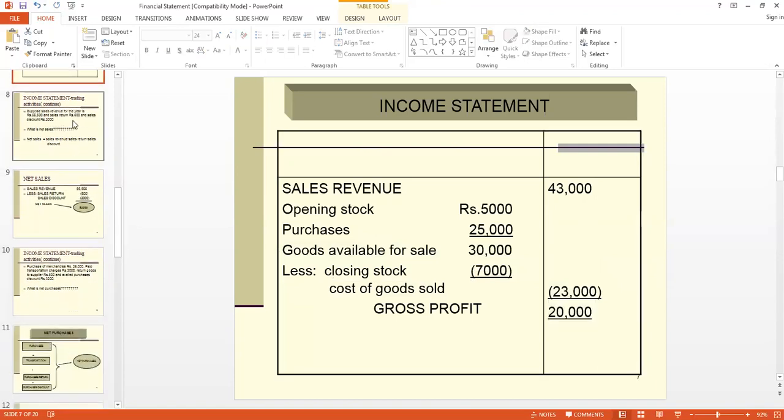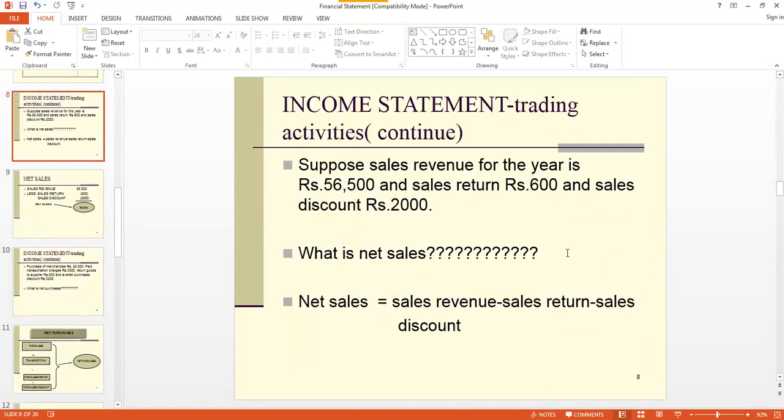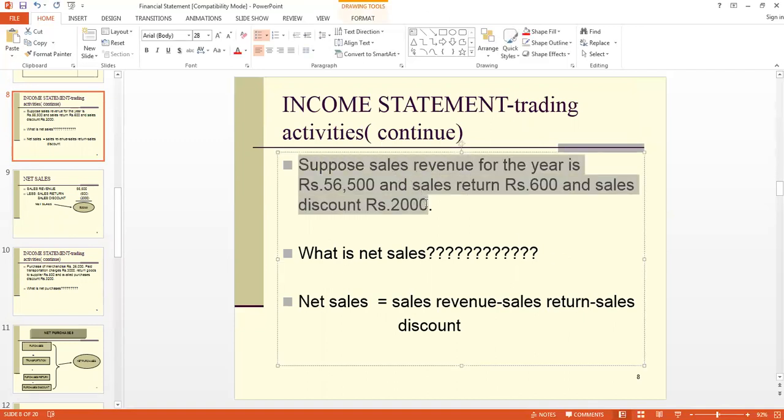Now student, various other basic concepts which are required by a student at various stages, especially those who are not already familiar with the accounting fundamentals. Now look at this one. You have a sales revenue of 56,000. Sales return is given 600 and sales discount is given 2,000.